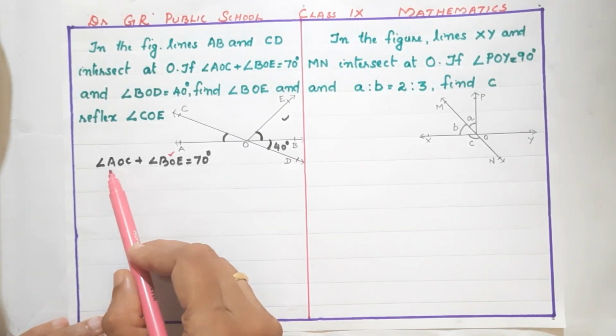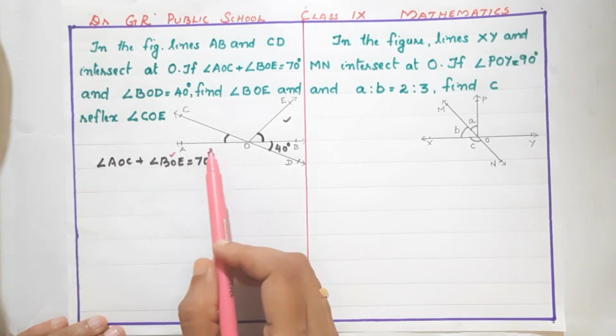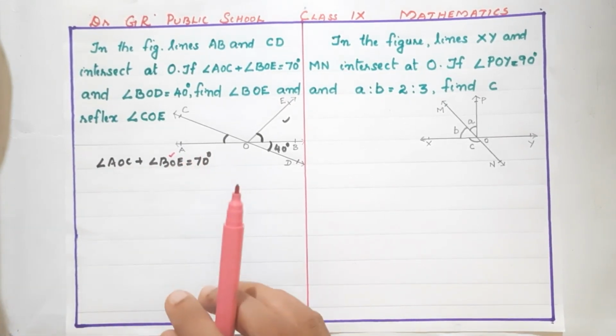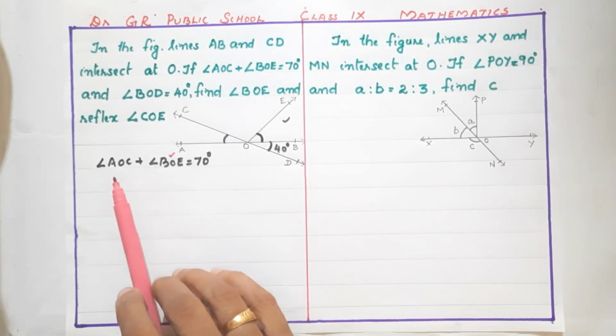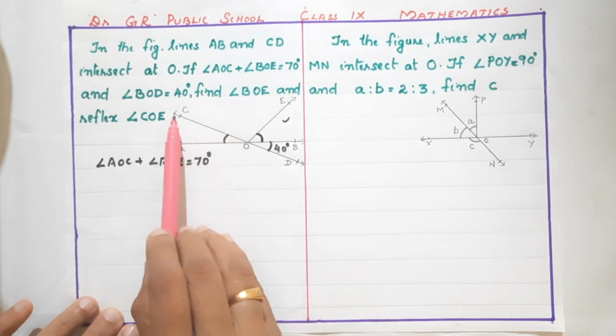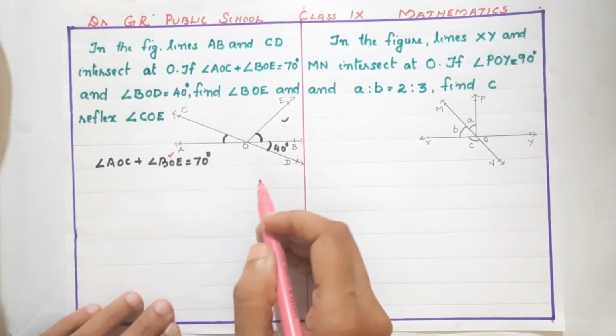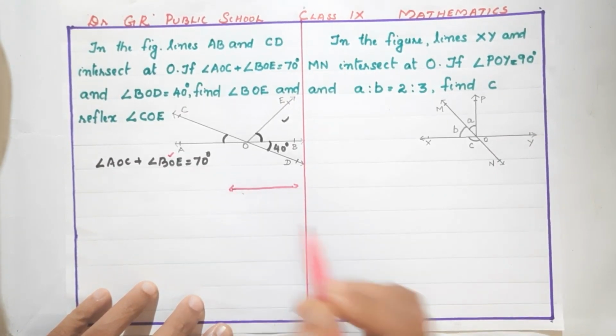Can you find out the measure of angle AOC? Just look at the figure and apply any property you have studied. Can we have the measurement of AOC? See here, AB is a line. Okay.